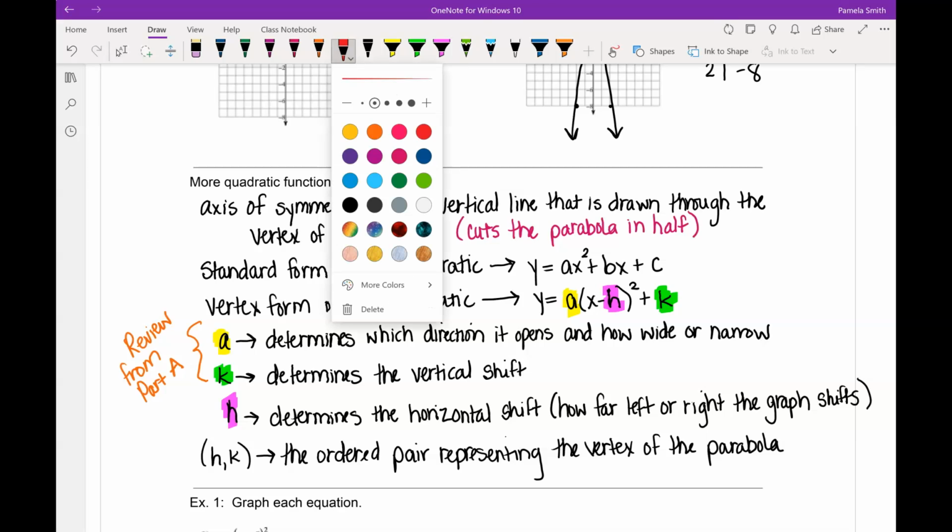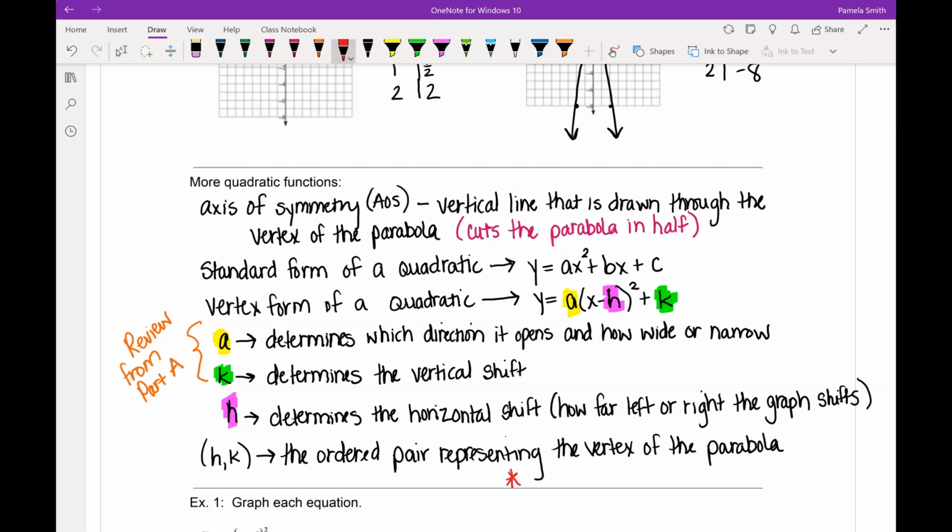And just as a little side note here for this one, the vertex is always on the axis of symmetry. And remember, I'm abbreviating axis of symmetry as AOS. So now there's several pieces of information. If the equation is in vertex form, there's several pieces of information that we will be able to get from that.